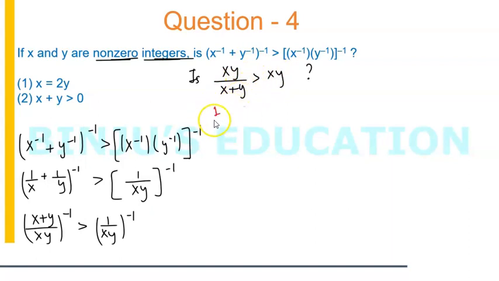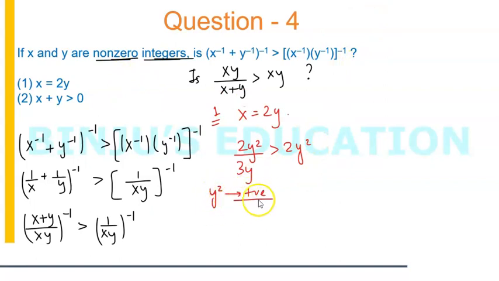So the first statement says that x is equal to 2y. Okay, if x is equal to 2y, let's replace x by 2y. So this becomes 2y square divided by 3y is greater than 2y square. Now y is a non-zero integer, which means y square has to be positive.